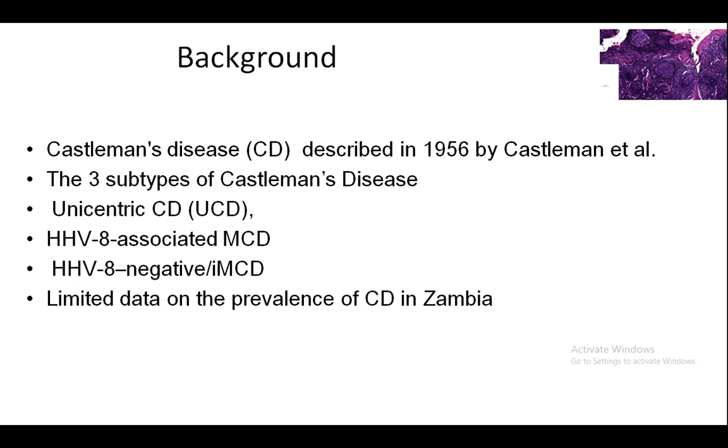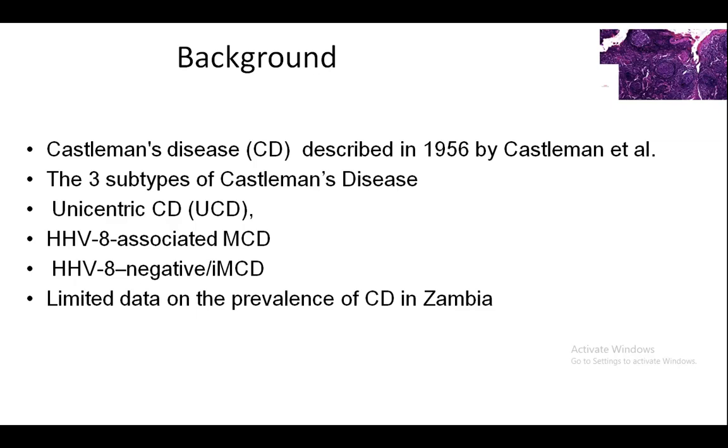We also have the human herpes virus 8 negative, or the idiopathic Castleman disease, which will present with symptoms like the HHV8 associated Castleman disease: flu-like symptoms, abnormal blood counts, and dysfunction of the vital organs.